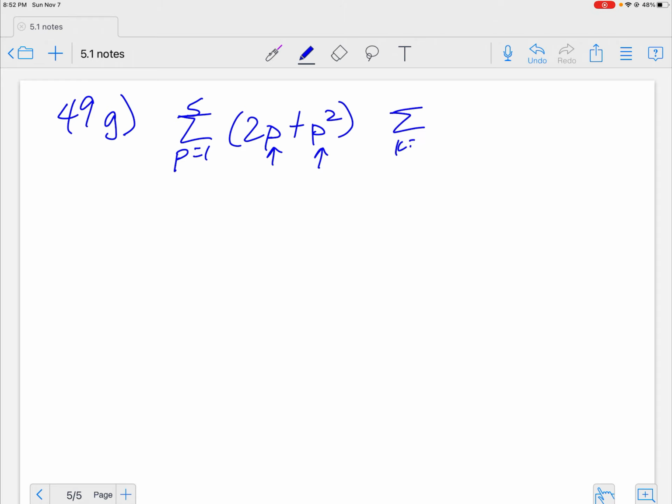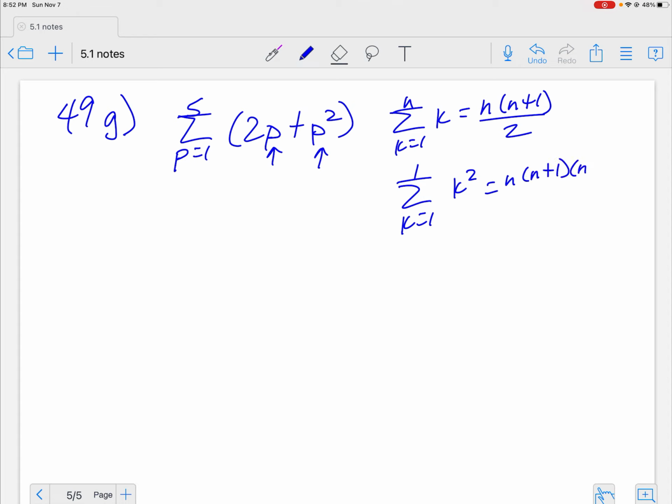So I know that the sum of K from 1 to N of K is just going to be N times N plus 1 divided by 2. I'm just writing the formulas over here on this side just so that you can see them. K squared is N times N plus 1 times 2N plus 1. Oops, I forgot my 2. All of that is divided by 6.